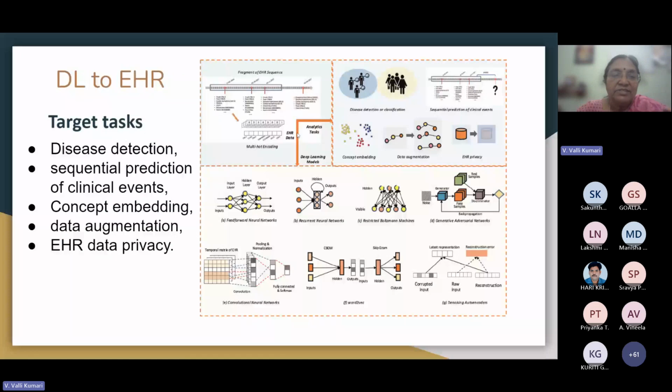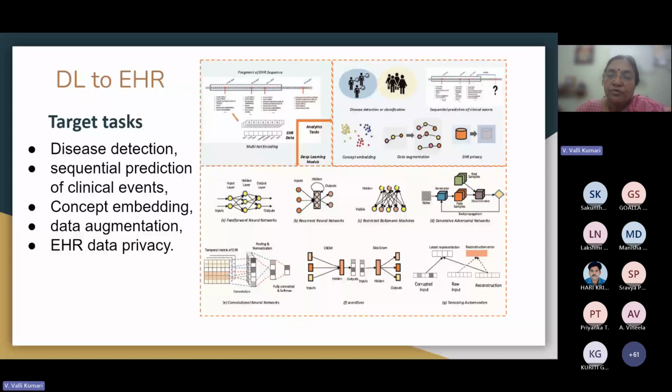So what are the activities that we do with EHR data as input to a deep learning model? The target task could be disease detection, or it could be sequential prediction of clinical events. So what next?